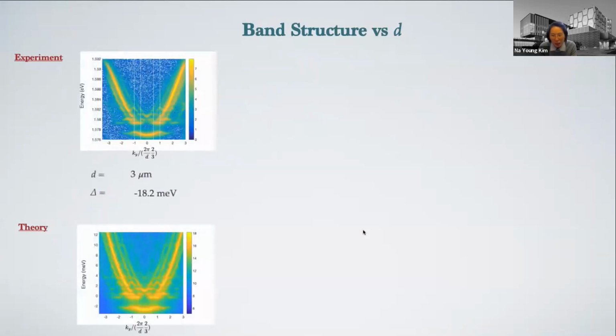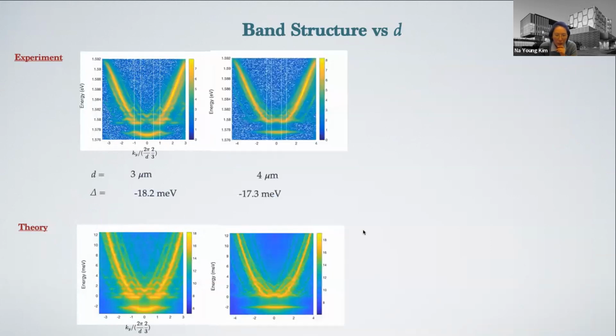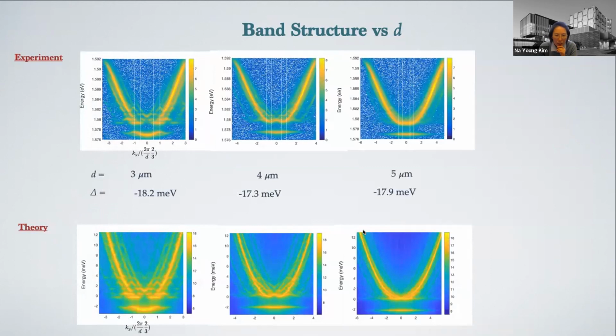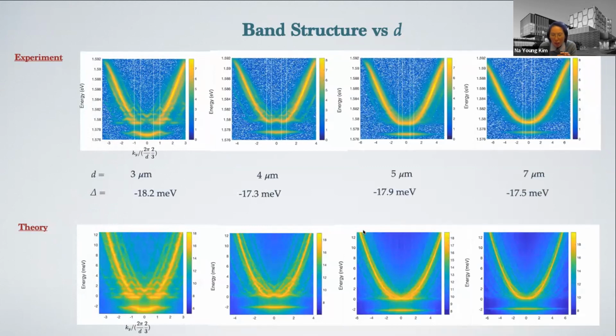And what we can vary as a simulator is D, the nearest neighbor distance. We vary it, and then we observe the energy dispersions, and all of these are well described by the single particle theoretical calculation at the bottom.